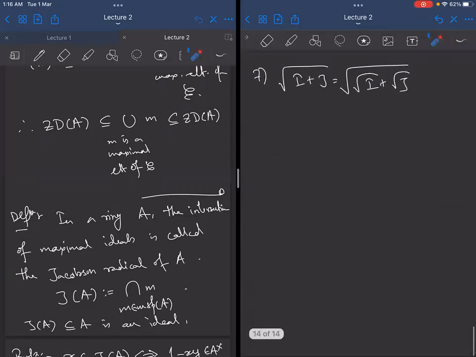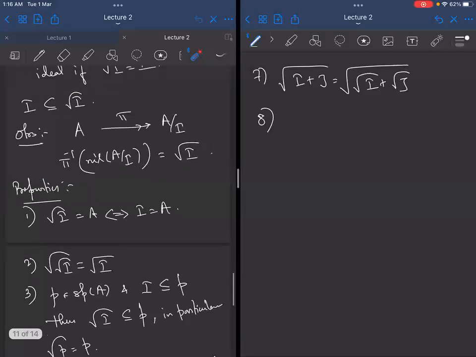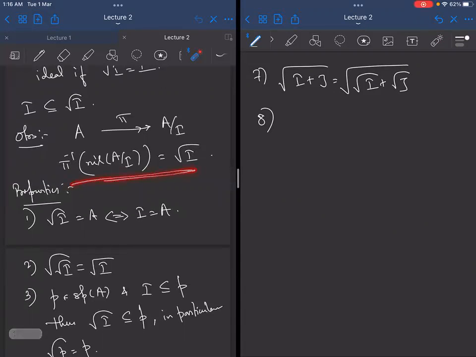Also, the most important characterization that comes in view of this observation is that the radical of I is actually the intersection of prime ideals P of A such that I is contained in P. That has to be, because the nil radical of A mod I is the intersection of prime ideals of A mod I, and when you take the pre-image, that turns out to be the intersection of prime ideals of A which contain I.